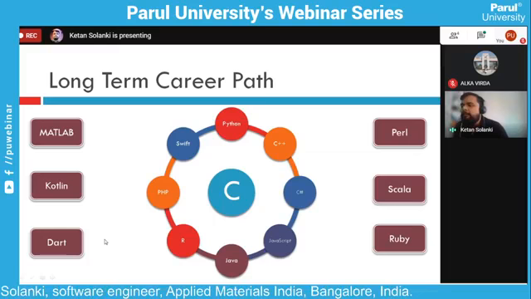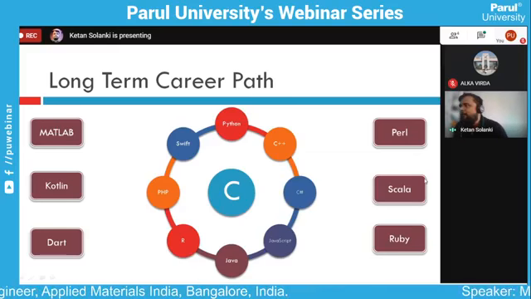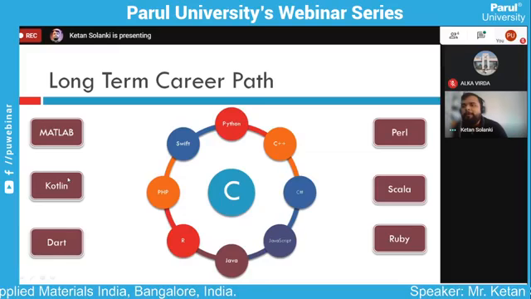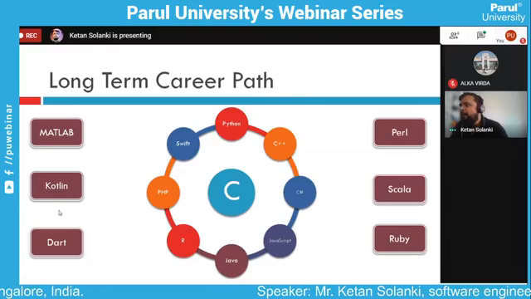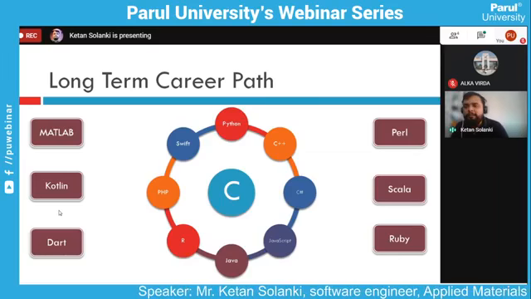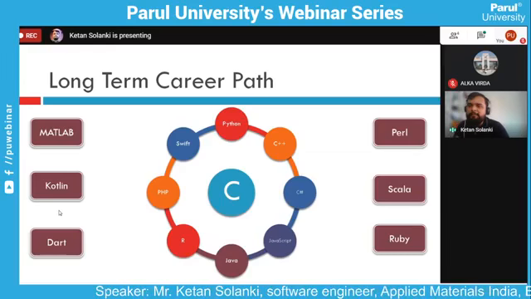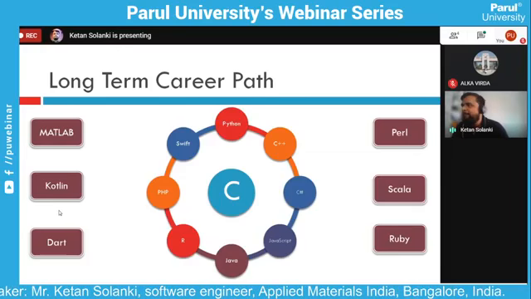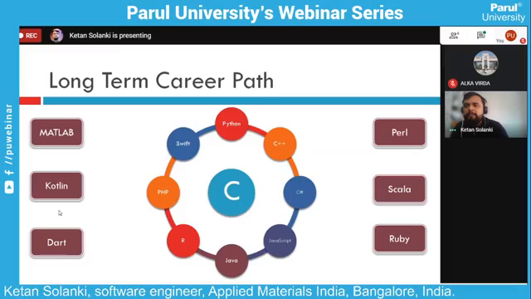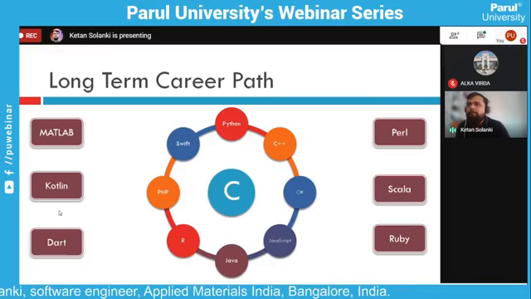And then R is some structured programming. We have some programming languages like MATLAB and Kotlin, which are specific to some domain. I will not go through the details of those programming languages, because they are dedicated programming languages. If you choose that particular profession, then they will be a part of it. MATLAB might be known to you all.